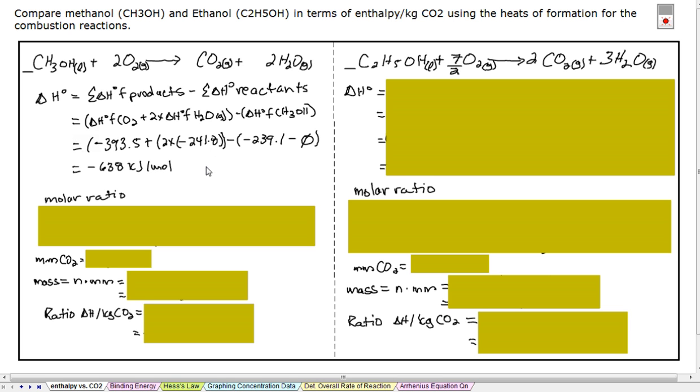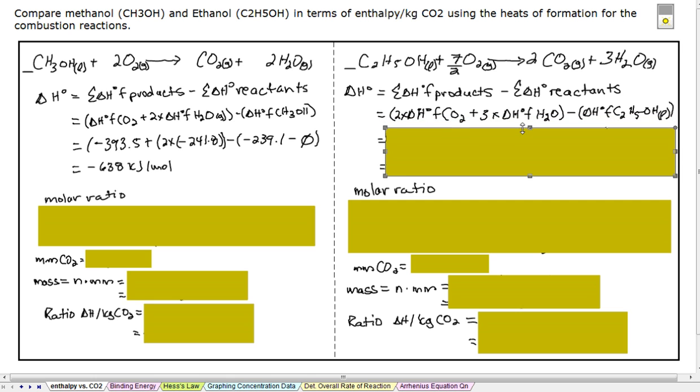Anyways, I do my arithmetic and I get a simple answer here, 638 kilojoules per mole. That would be the heat of reaction to burn off 1 mole of methanol, producing the subsequent carbon dioxide and water. And I'll show you that we did the same thing over here with ethanol.